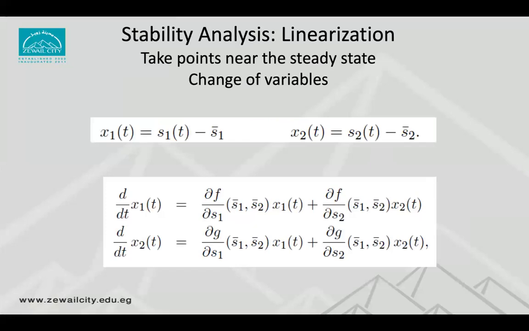Okay, so now let's just do a simple change of variables. We'll define x1 and x2 as just our small displacement from our initial position. And so we're getting something that looks like a matrix equation.